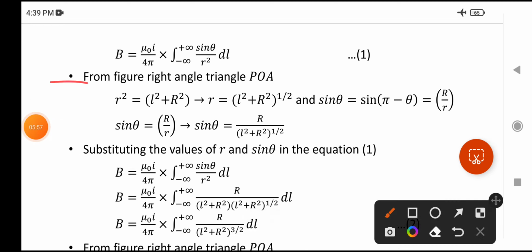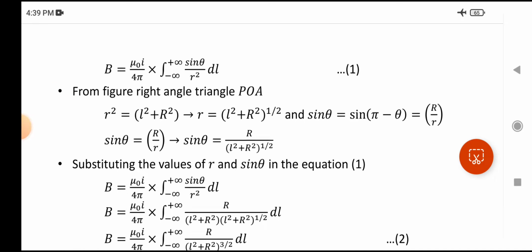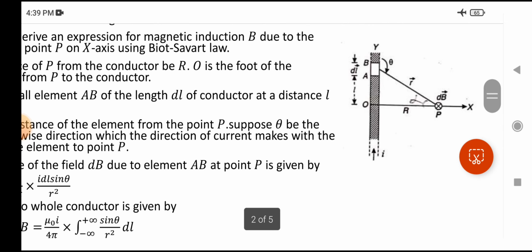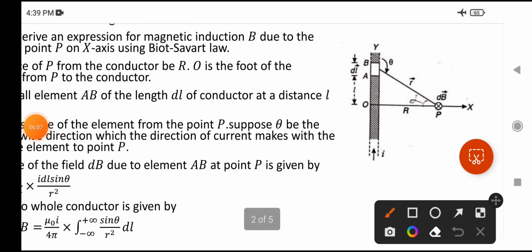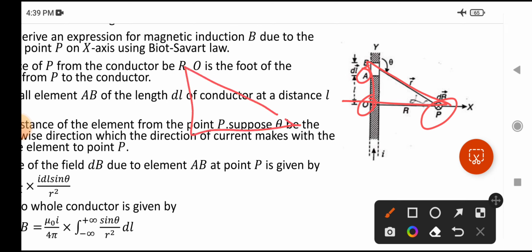From the figure, there is a right angle triangle POA. It has capital R, up to here it is L, and this is small r.